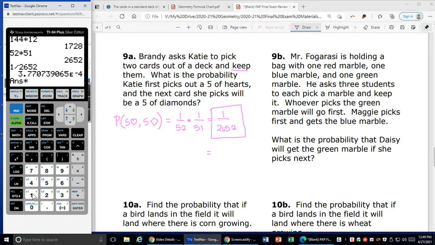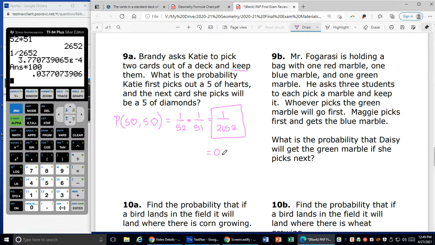If I hit times 100 to turn it into a percentage, it's less than 1%. It is 0.04%. There are very slim possibilities that she's going to pull a 5 of hearts followed by a 5 of diamonds.